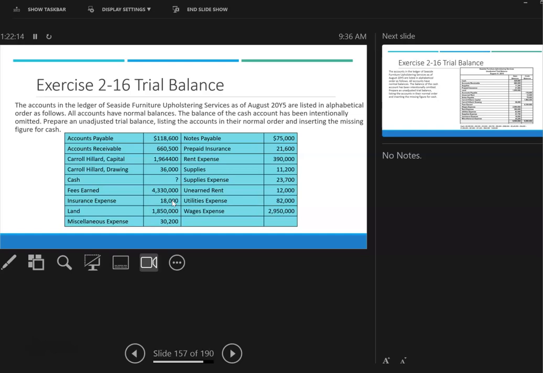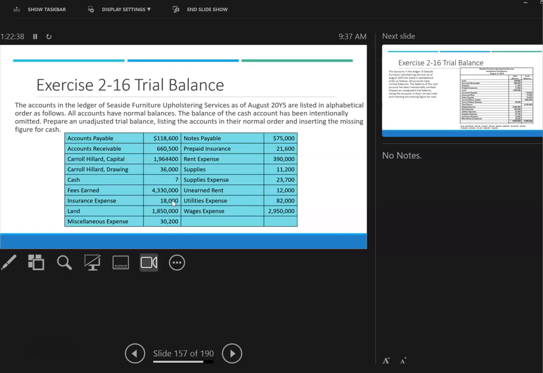So guys, we would start with cash. Then what's another asset we would put in next? Accounts receivable and supplies and land. Do you see anything else? That's it. And those are all debit accounts, aren't they?